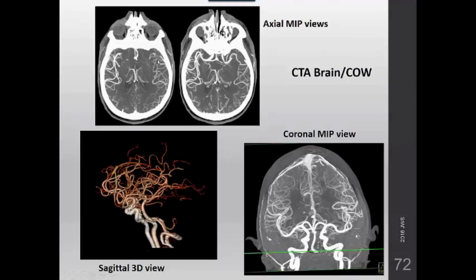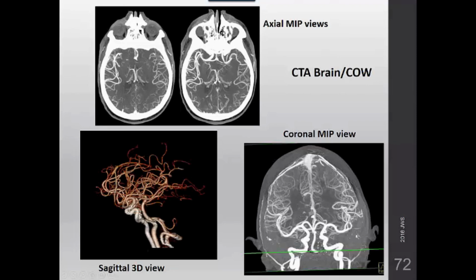And here's just some more of the arteries that are coming up and feeding through the base of the skull here. And here's a nice view of the carotids, the vertebral coming up to the basilar, and then the circle of Willis is in here somewhere, but this is a lateral or sagittal 3D view, and all these vessels are filled as well.